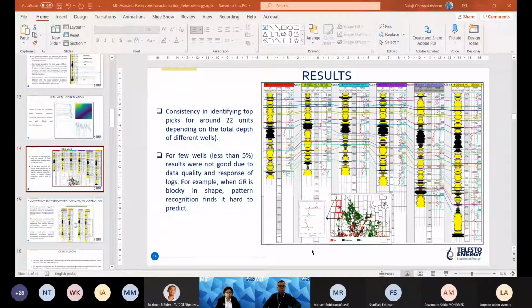Whether you can build a static model using machine learning, I would say the answer is no, at least for now. So what you can do using machine learning is break down the whole process into small modules, if you may, and apply your machine learning techniques so that you improve the final results and accuracy.